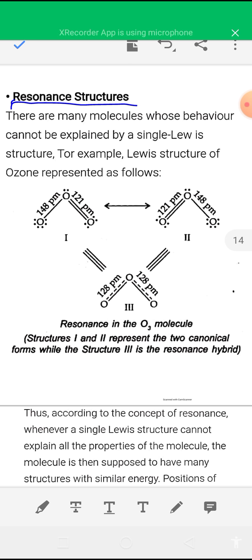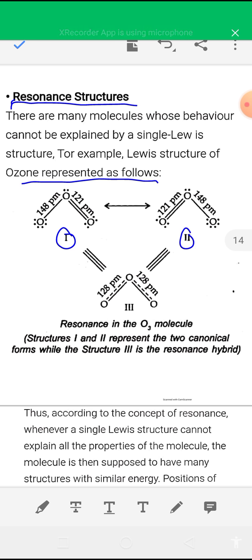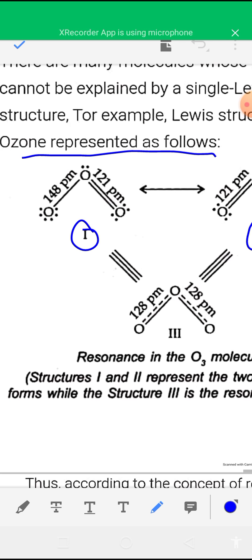For example, here two structures of the ozone O3 molecule are given. This is structure 1 and this is structure 2. In the first structure of ozone, you can see there is a single bond, which is actually a coordinate bond, and one double covalent bond.